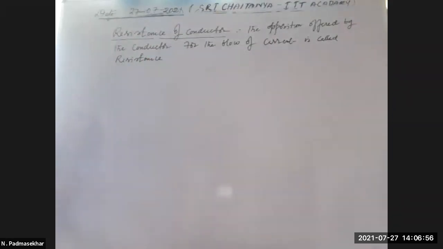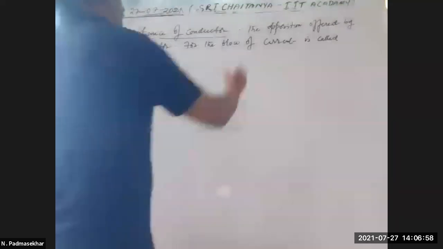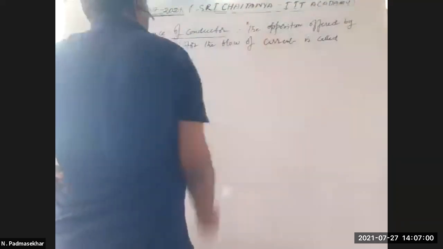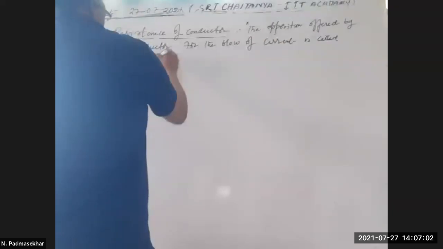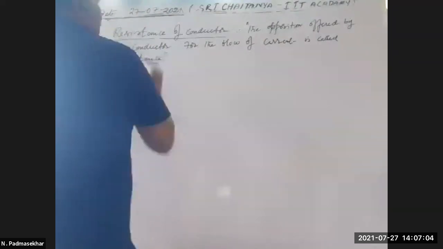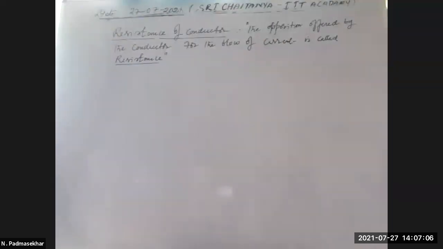So this is what is meant by resistance. The opposition offered by the conductor for the flow of the electric current is called a resistance. So resistance of the conductor depends on what factors?